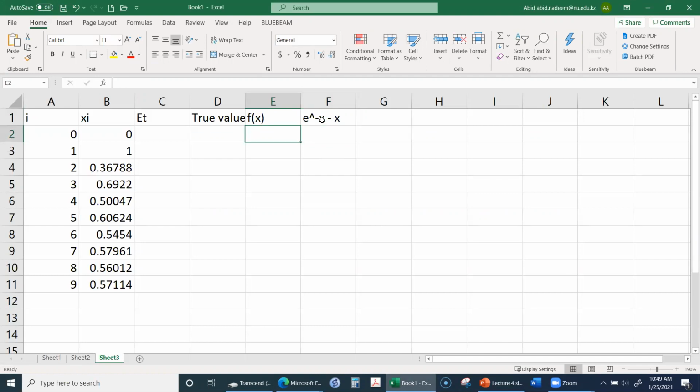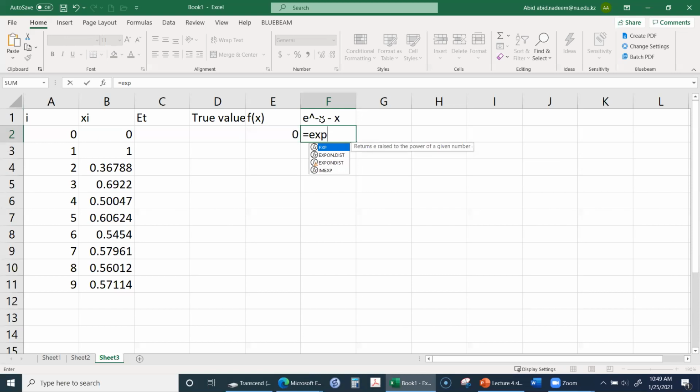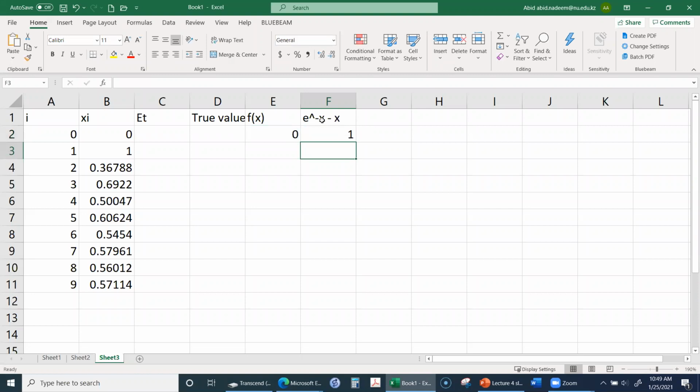So if I say, for example, the value of x is 0, what will be the value of the function? The value of the function will be exponent of 0, minus this value, so for x equal to 0, the value of the function is 1.